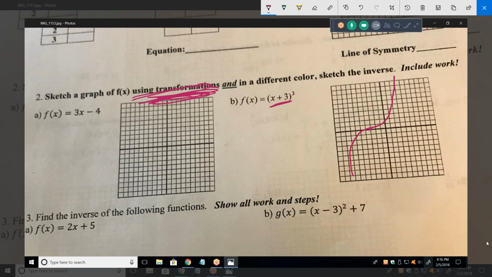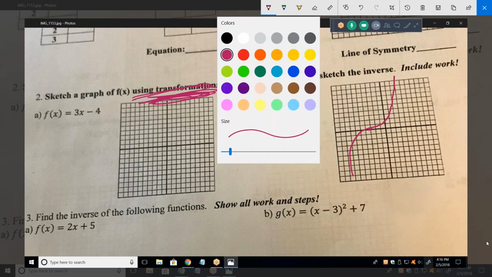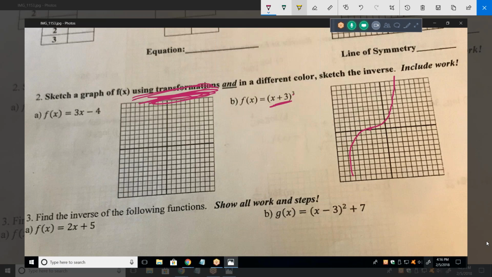Okay. So let's find the inverse. Tell me how to do it. So first you're going to change f of x to y equals. So y equals x plus 3 cubed.